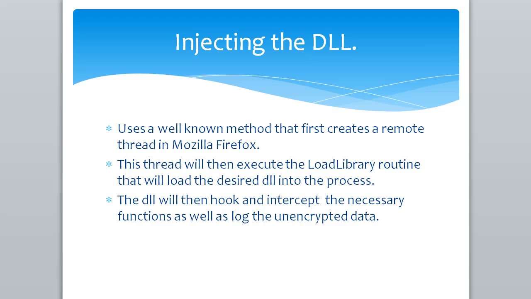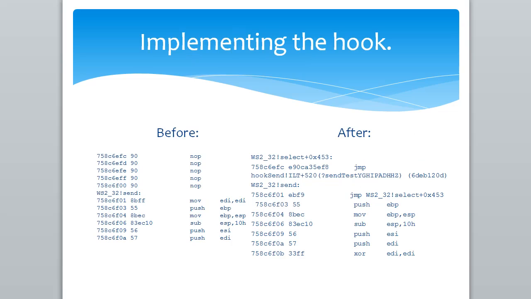The DLL will then continue and perform the hooking and interception of the necessary function. The hook routine is written in assembly language for convenience, and as explained previously, it will retrace the stack and then write the contents of this unencrypted buffer to a log file.